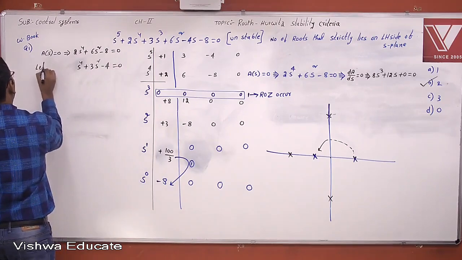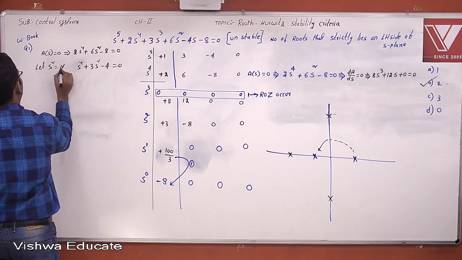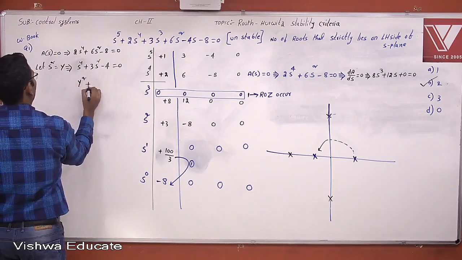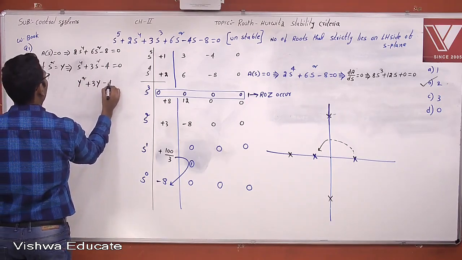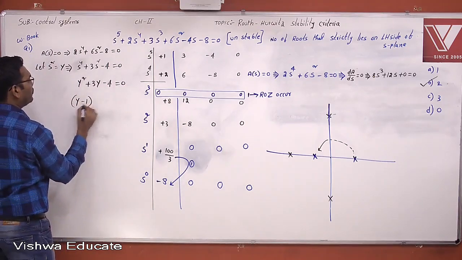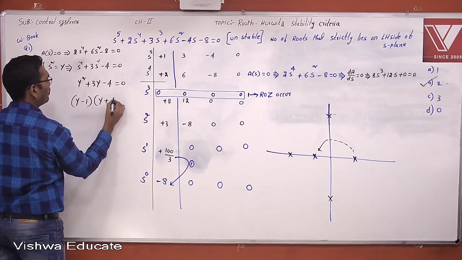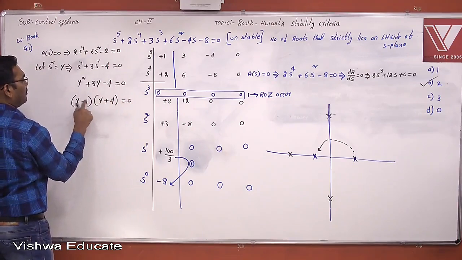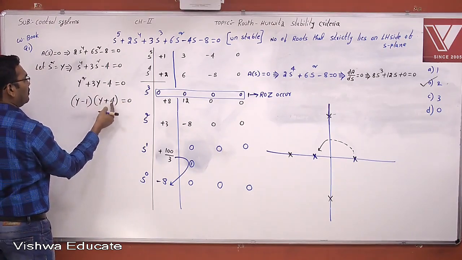Let us assume s square equal to y, so y square plus 3y minus 4 equal to 0. Very simple rule. Now (y minus 1)(y plus 4) equal to 0, minus y and plus 4y gives 3y.